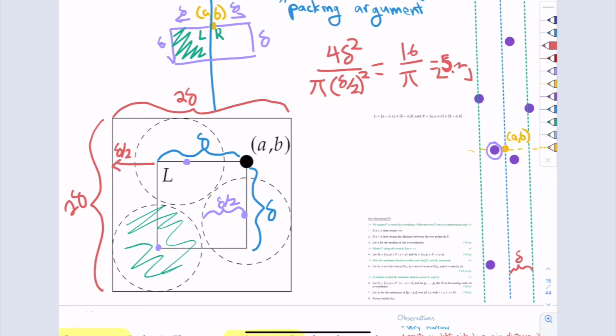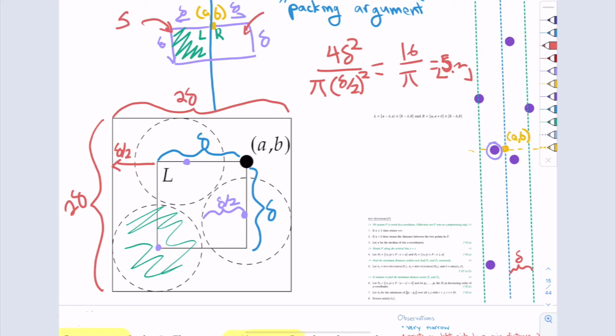So we conclude there can only be at most 5 points with their center inside the smaller square, because that puts the whole ball in the outer square. So it's an area packing argument. If they're spread out, they take up space, and there's only so much space. So that shows there can only be at most 5 on the left side.